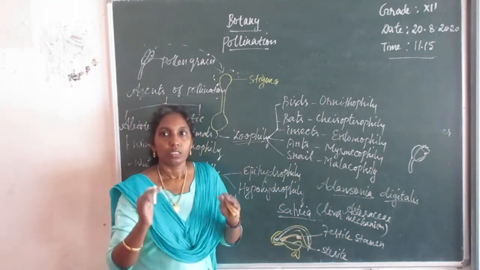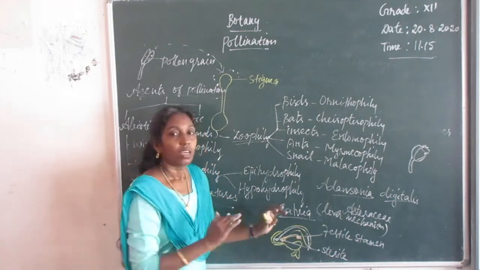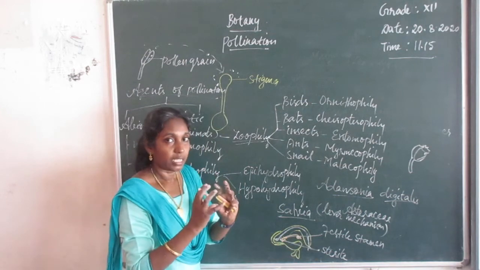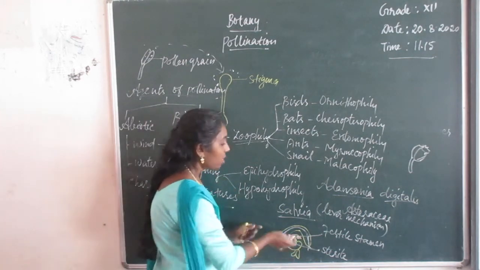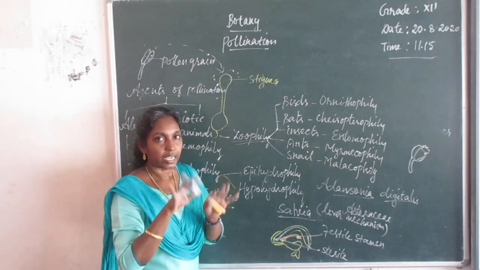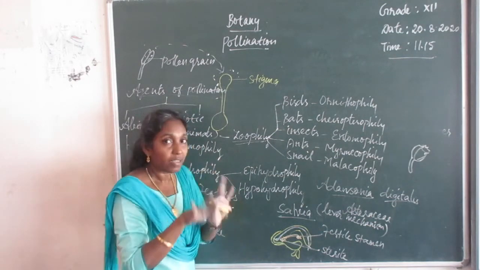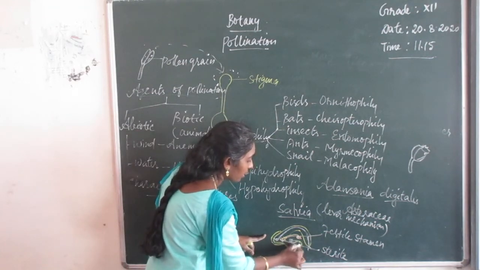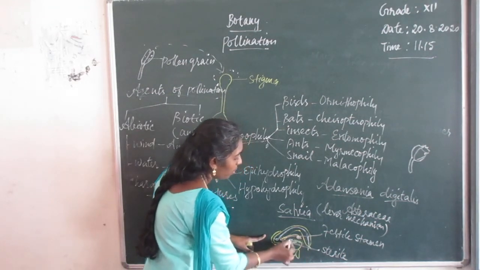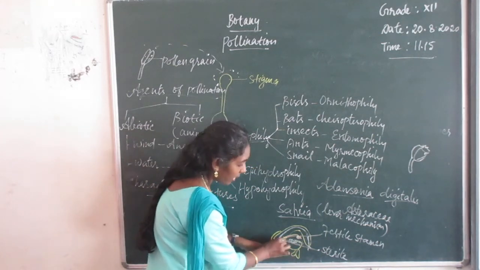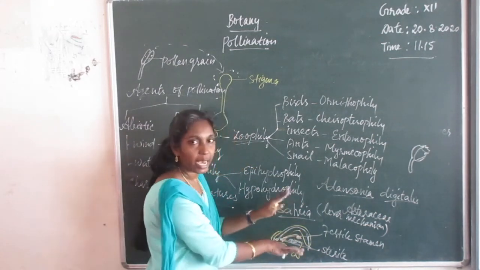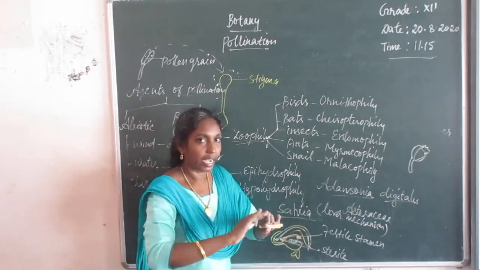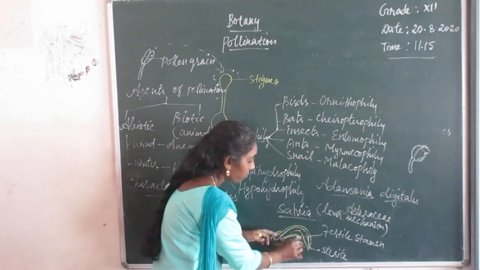Honeybees come and visit the flowers, and it brings about a striking lever mechanism. When the bee comes and visits, it moves its head towards the sterile region, so the stamen strikes the back of the bee. The pollen grains fall on the back or the wings.